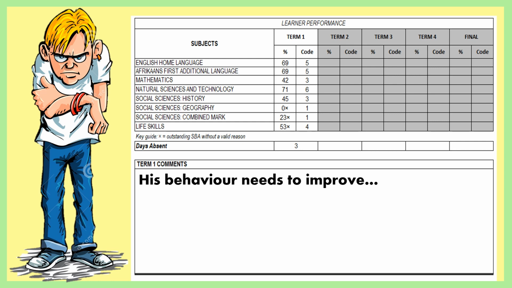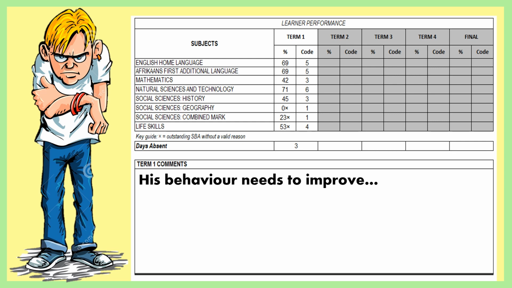Then I realized that no matter how hard I thought, I couldn't think of one positive thing to say about this child. I was really trying very hard to like him. And that is when I made a decision.